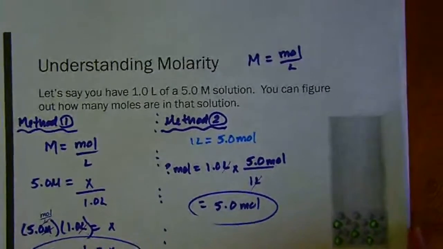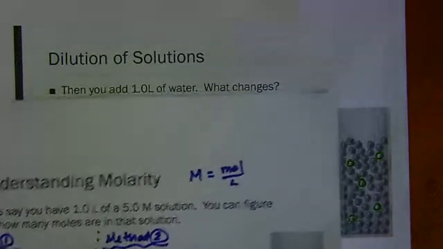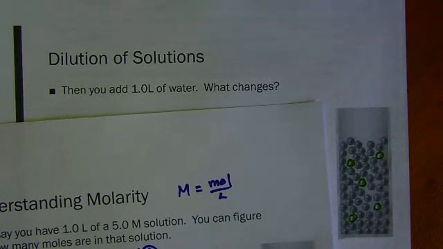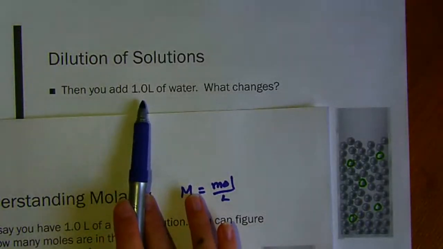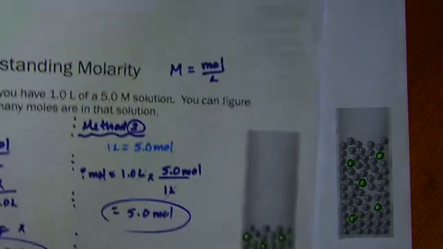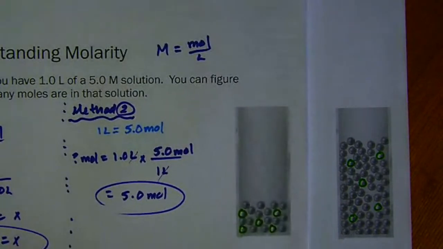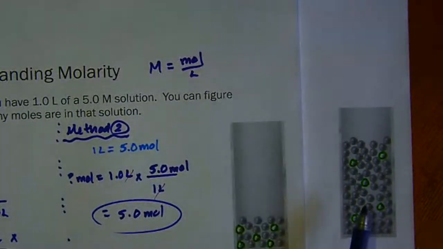But then, if we were to add some solvent, let's say that we added a liter of water, our solution that started like this now looks like this. The volume of our solution has changed.